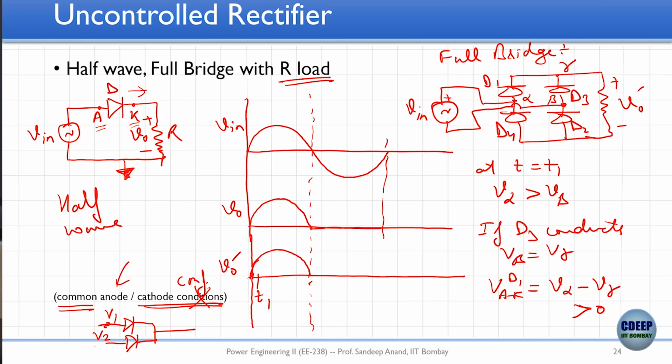In the common anode configuration, whichever potential is lower, that diode will conduct, the other will not conduct. Okay. The rest I think you know, so you know the operation of the rectifier circuit. There is a resistance connected, so the output voltage will be like this.